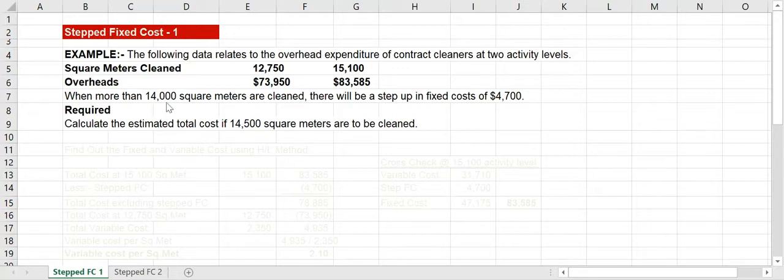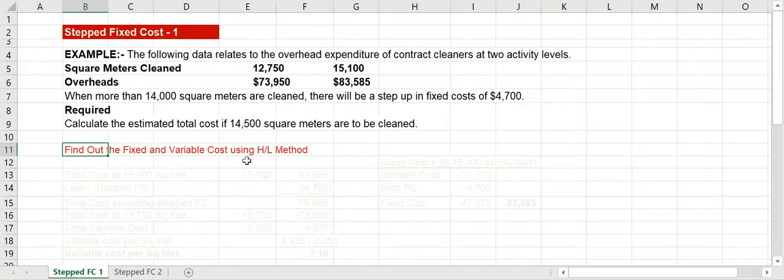So up to 14,000 square meters, there is a fixed cost that we need to identify based on these figures. Okay, let's find out what we need to do. First, find the fixed and variable cost using the high-low method.